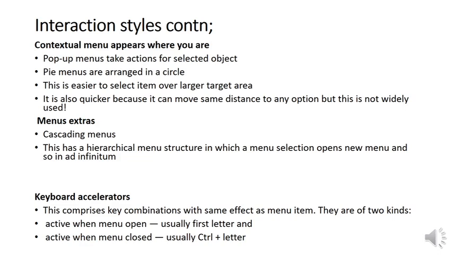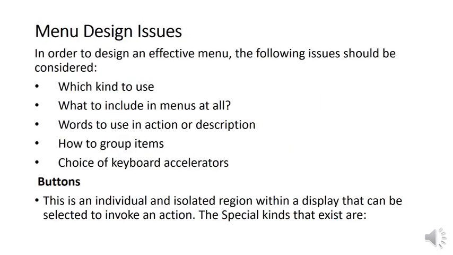They are of two kinds: active when menu is opened, usually the first letter, and active when menu is closed, usually control plus letter. In order to design an effective menu, the following issues should be considered: which kind to use, what to include in the menu at all, what to use in action or description, how to group items, and choice of keyboard accelerators.